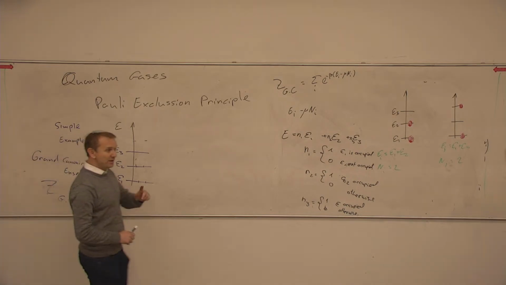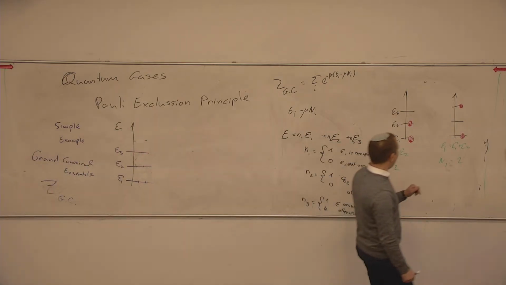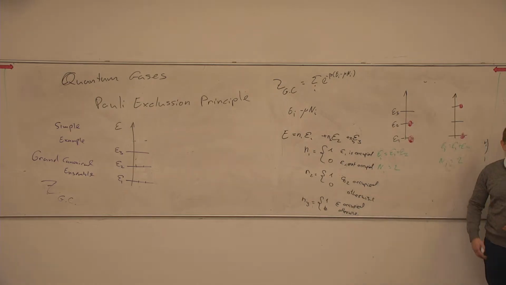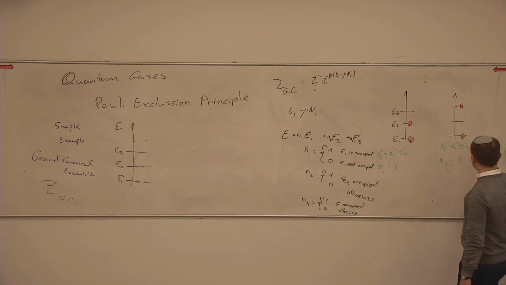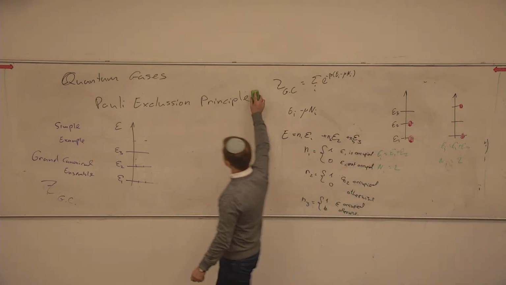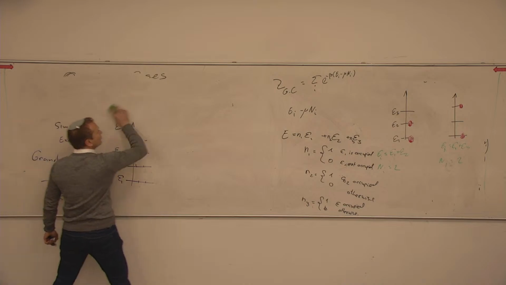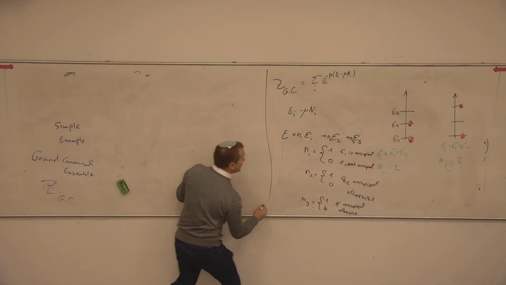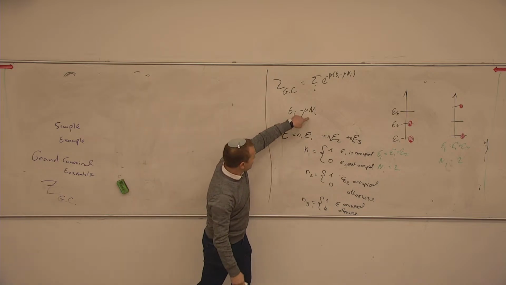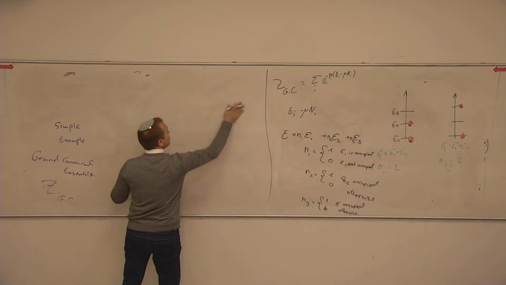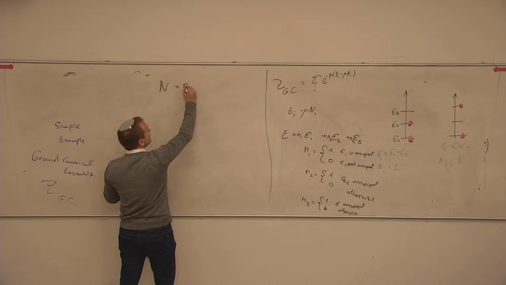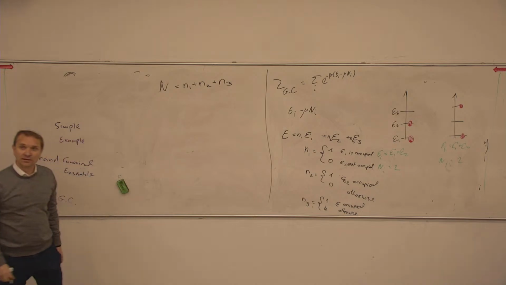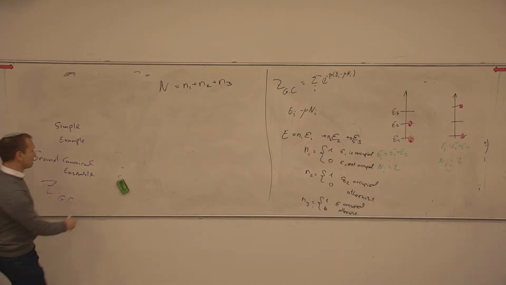Now I know, because those are fermions, either I have a particle in this state, or I don't have a particle in that state. That's it. Moreover, I can write down N in the same way. N is just n1 plus n2 plus n3.